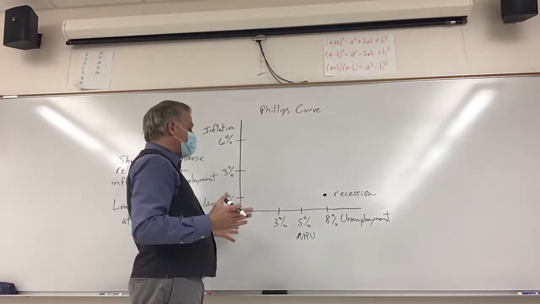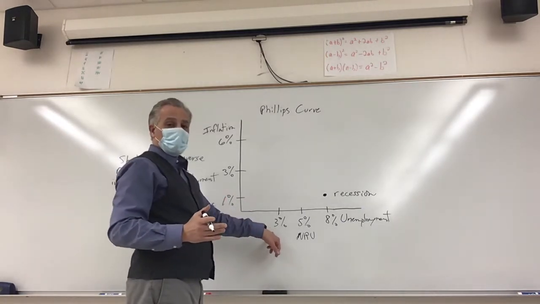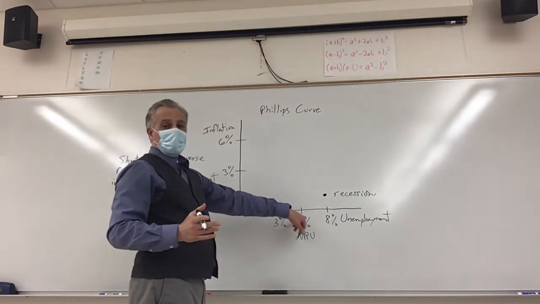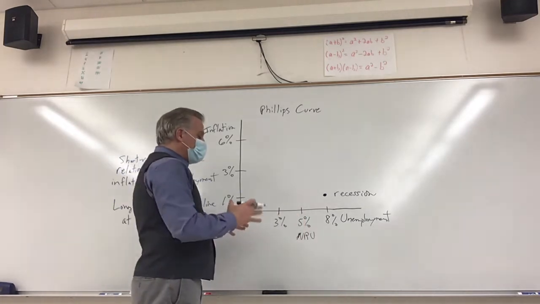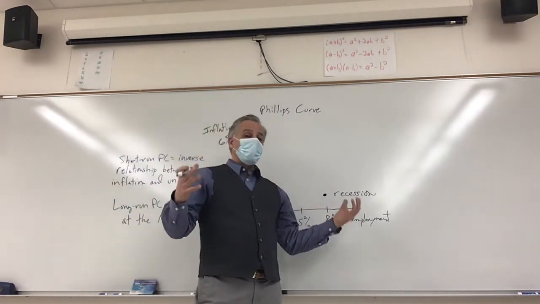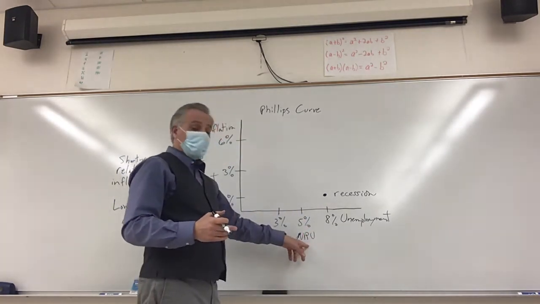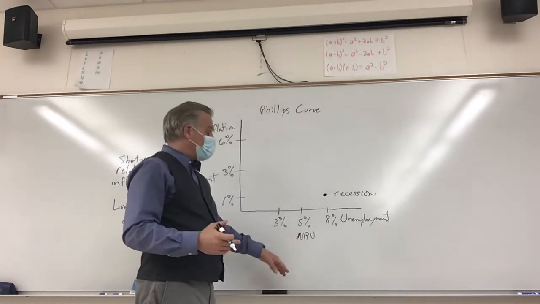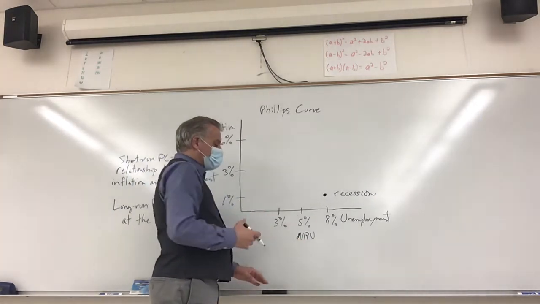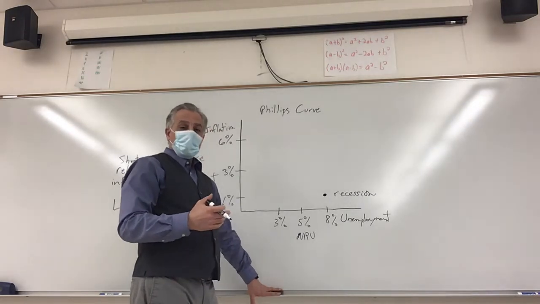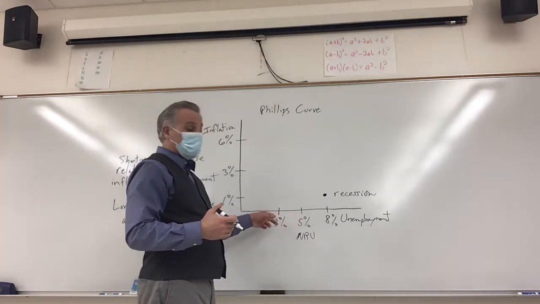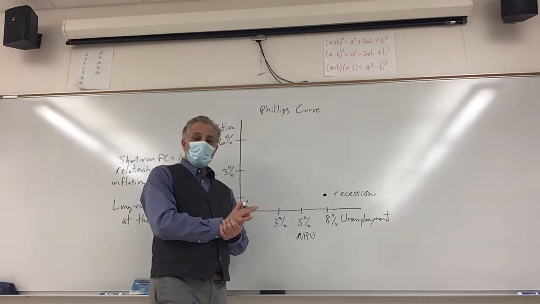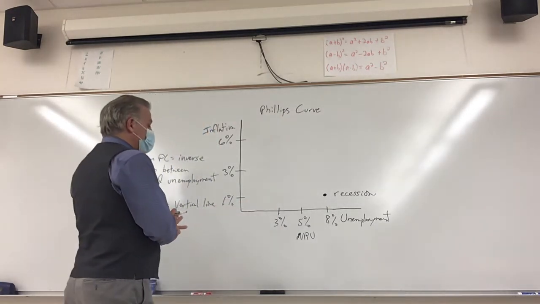Conversely, if we have a period of expansion, we're going to have low unemployment, below the 5% natural rate of unemployment. So remember, full employment does not mean everybody has a job. It just means there's no cyclical unemployment. We can actually get past this 5% unemployment when things are really good. Trump added about 3.3% in a period of expansion.